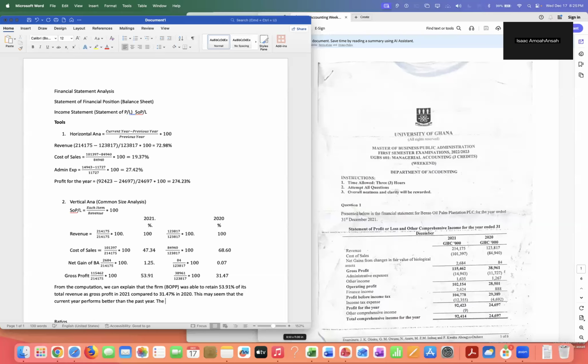So the good performance, I am writing plenty grammar, but you can look at this in a very nice way to put it. The good performance of the current year can be linked to, can be explained from, can be related to, right?